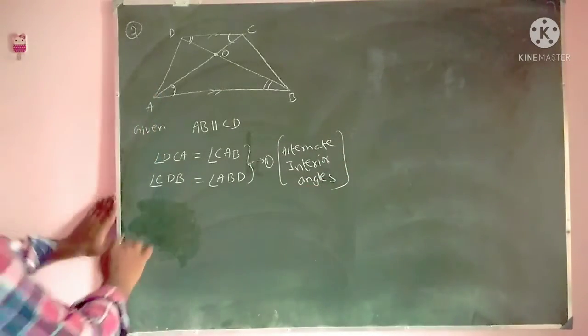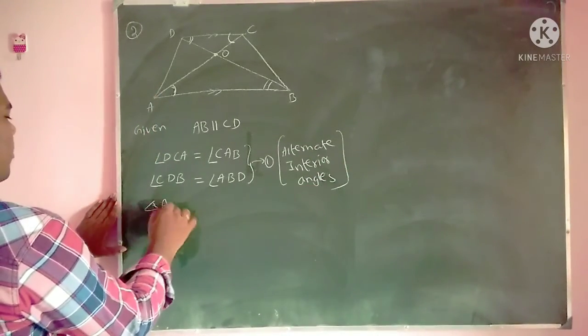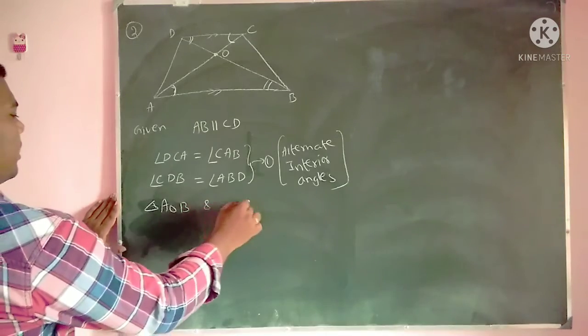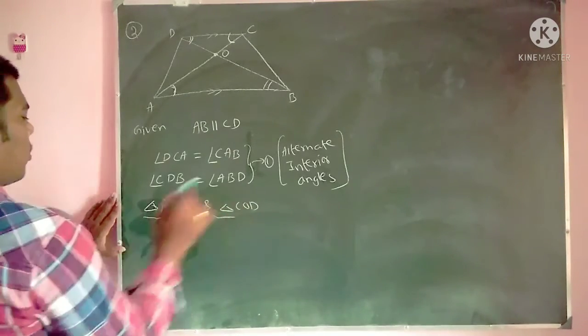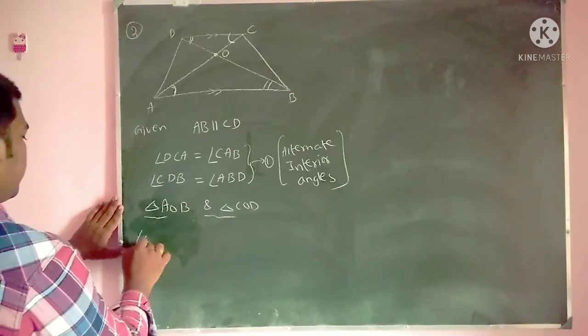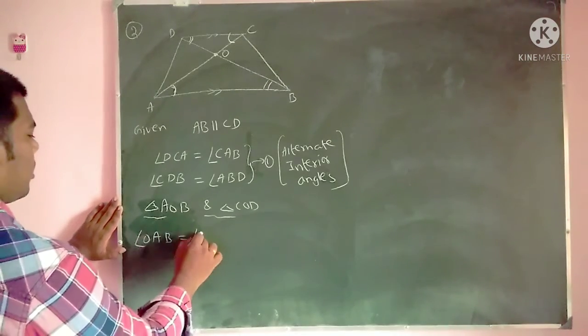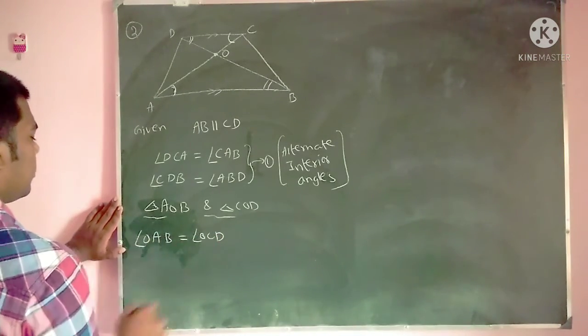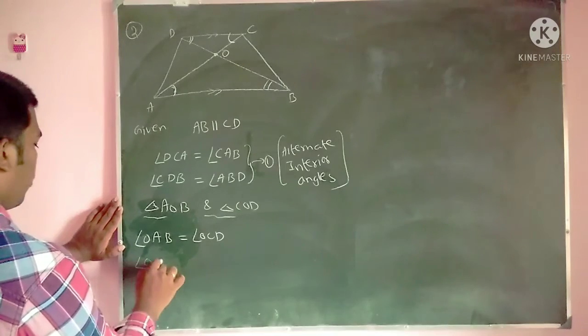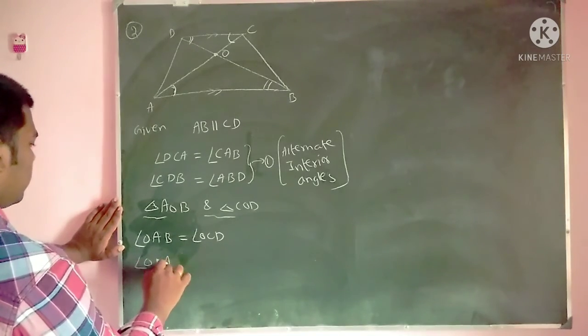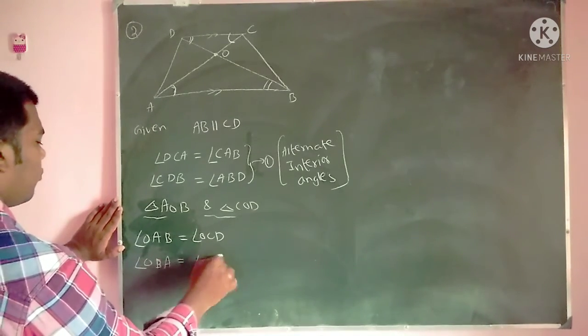If you consider triangle AOB and triangle COD, now clearly you can write angle OAB is equal to angle OCD and angle OBA is equal to angle ODC.